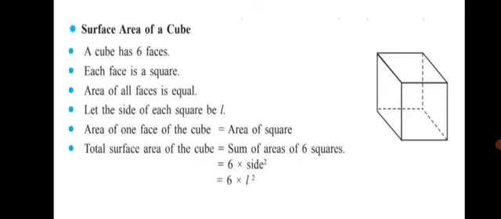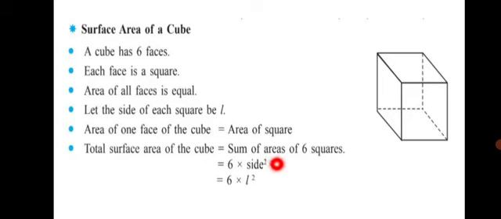So we can derive a formula now. Area of one face of the cube is equal to area of square. Area of square we already know, side square. So what will be the total area of the cube? It will be the sum of areas of all 6 squares. So sum of areas of 6 squares means 6 multiplied by area, and area is side square.